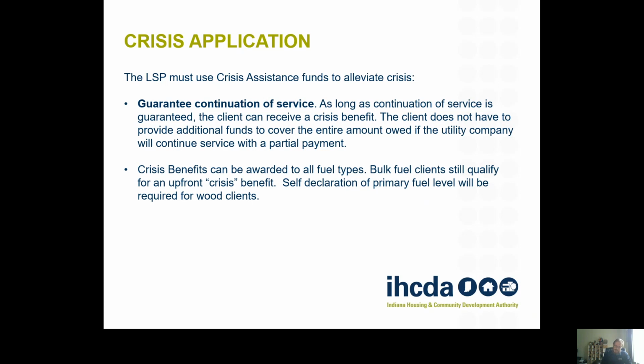Say they come in with a disconnection amount of $600, and if you give them the $200 crisis, and they only qualify for $250 of regular benefit, that's going to give them a total of $450, which is going to be $150 short of that disconnection amount.